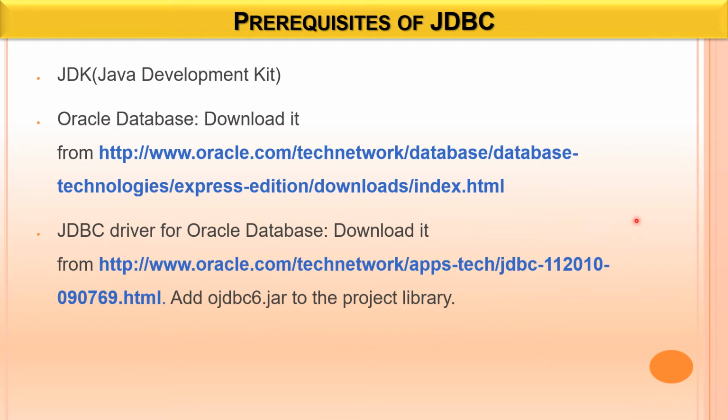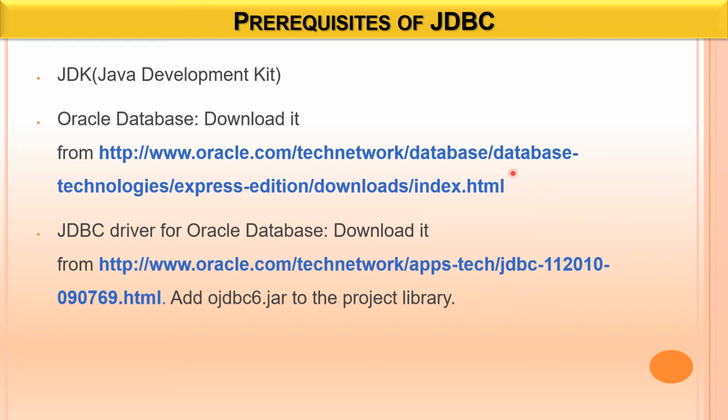So what are the prerequisites of JDBC? The JDBC has some prerequisites. Prior to making a JDBC connection to the database, we require the JDK, that is the Java Development Kit. Second, the Oracle database, which we have to download from http://www.oracle.com.